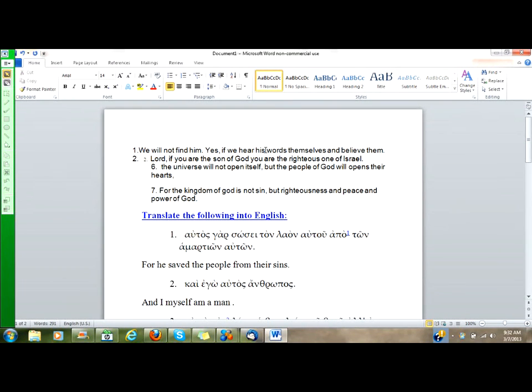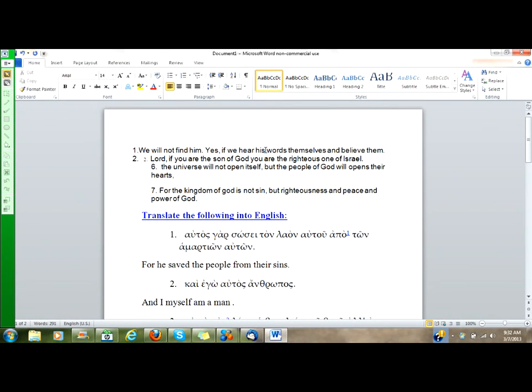Let's see how our student did that. That's right. But then our student has "itself." Number 6 in our textbook is ho kosmos ouk anoigei ta hiera autou. So we have ta hiera autou, and we need to work on that. Hiera is the temples, neuter, plural.